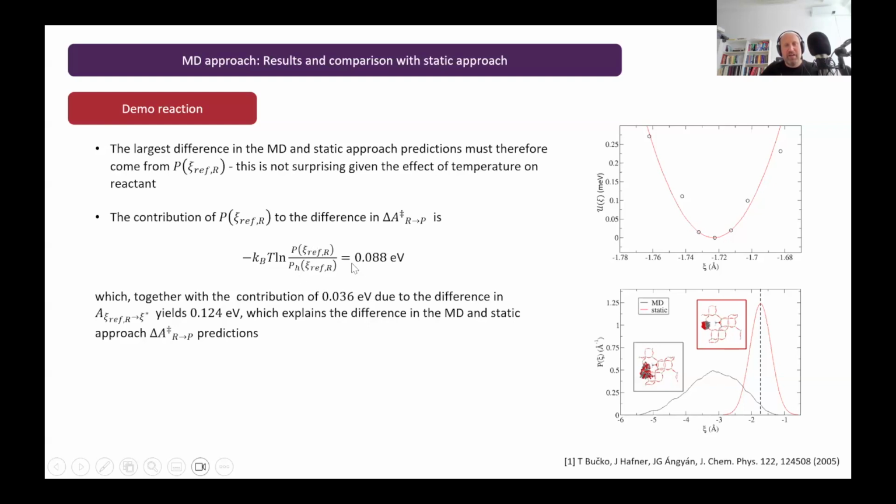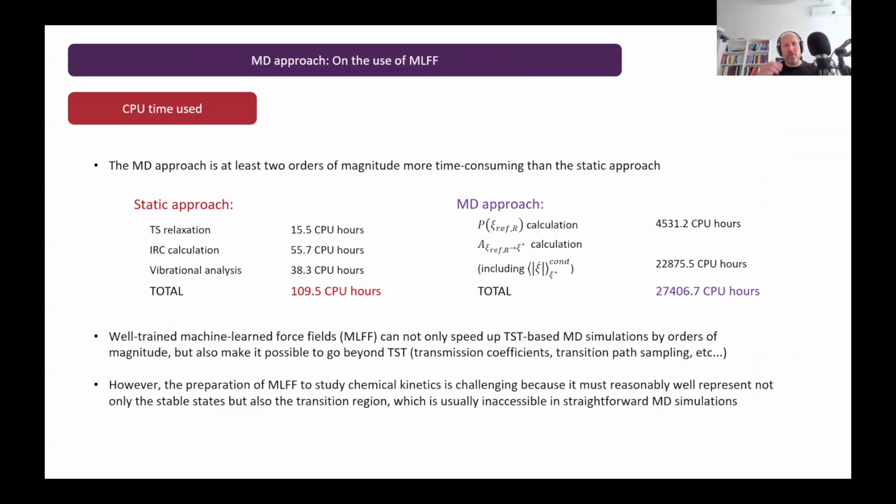This gives the result of 88 meV, which together with 36 meV due to reversible work fully explains the difference between molecular dynamics and static approaches. So we see, not surprisingly, that the main contribution was really due to the behavior of the free reactant state, which was not represented well by the static approach.